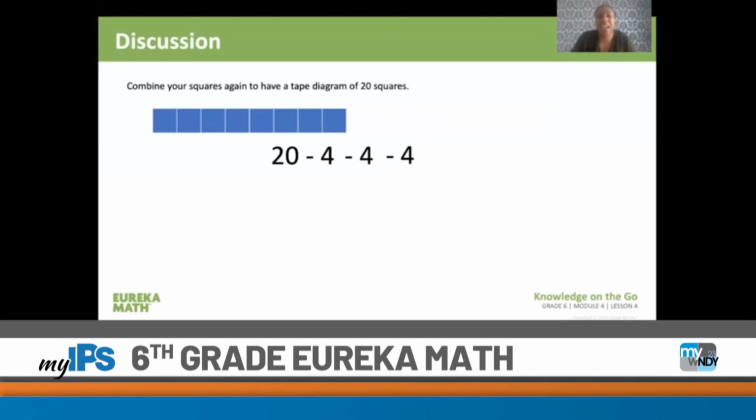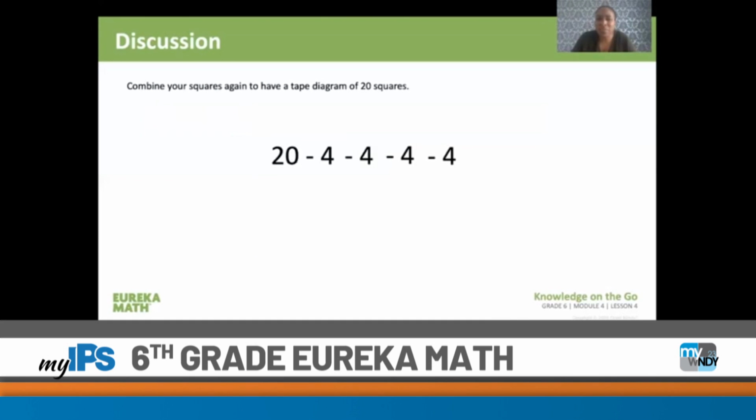Now let's take away another 4 square tiles. Let's alter our expression again to reflect what we just modeled. 20 minus 4 minus 4 minus 4 minus 4. Now let's take away our last 4 square tiles.